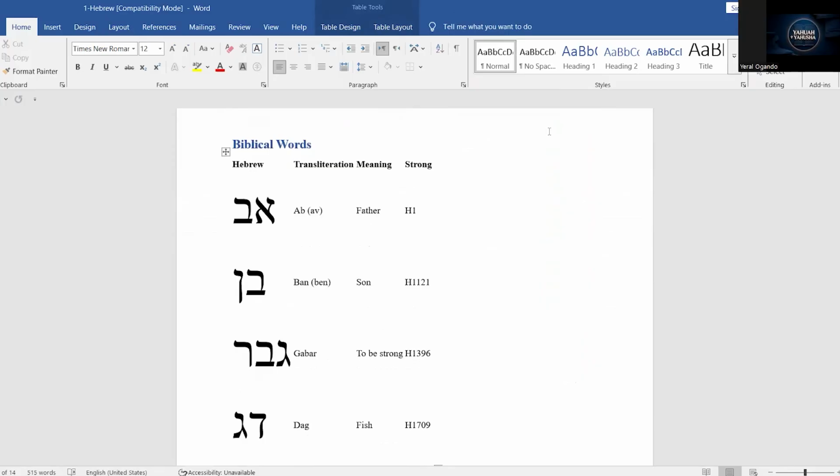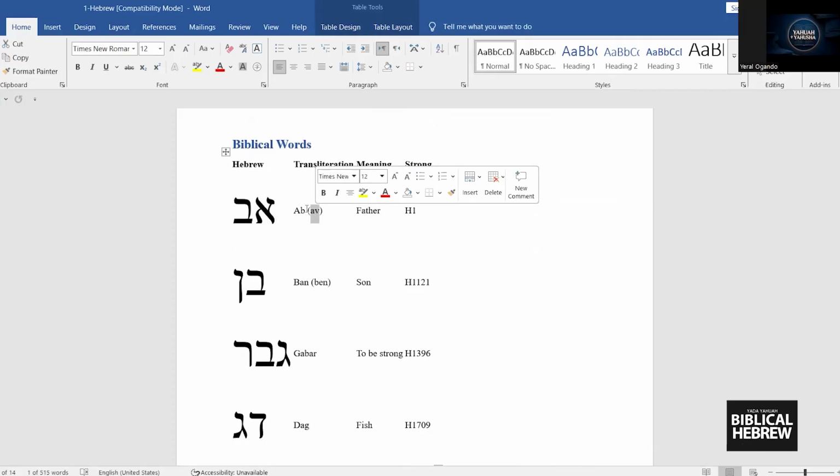Now, let us review a few of the words that we learned so far in lesson number 1. And very important, you can trace those words going to the concordance strong. That's why you have the H for Hebrew. If you go to H1, you're gonna find this one in Hebrew, even though it tells you different pronunciations, so you can omit the different pronunciation and stick to Yahuah pronunciation, which is the correct one.